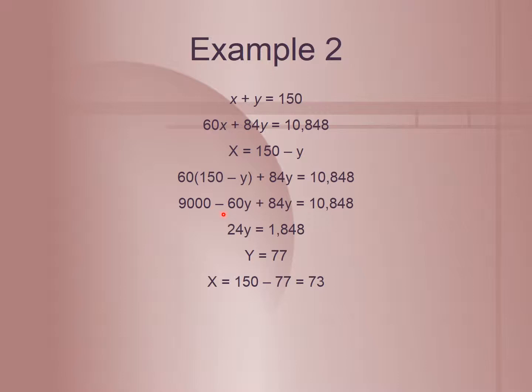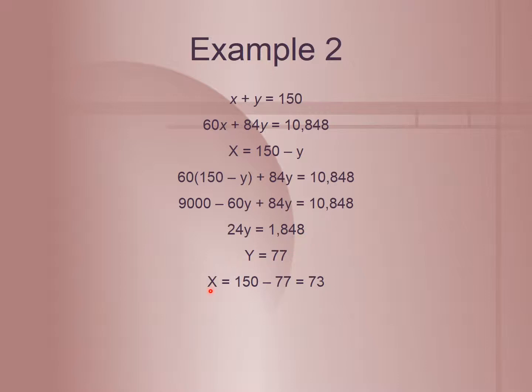And then I'm going to combine like terms. Negative 60Y plus 84Y becomes 24Y. And then I'll divide both sides by 24. So 24Y divided by 24 becomes Y. 1,848 divided by 24 becomes 77.